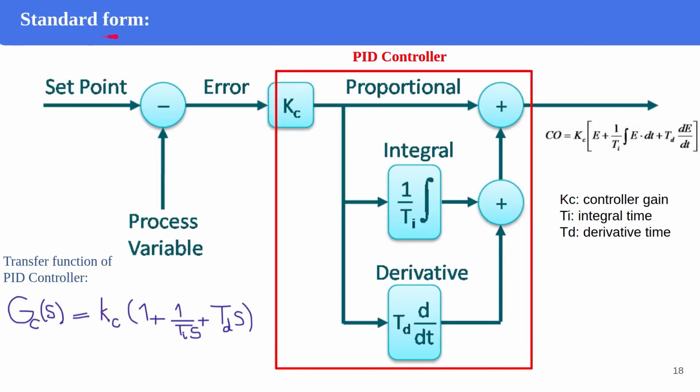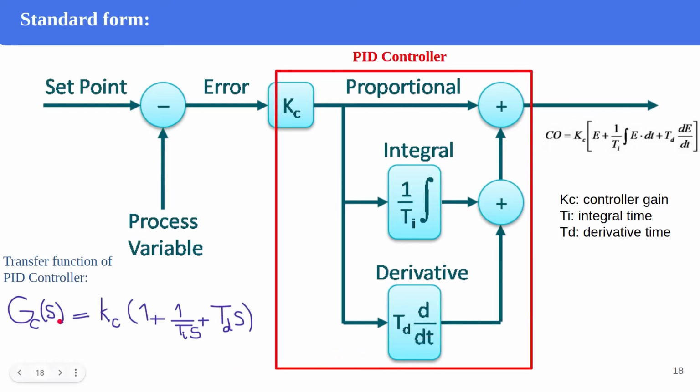We have the standard form. As you see, this is the PID controller, and you see this control gain Kc impacts the other terms, the proportional, integral, and derivative. We need to calculate the transfer function here for the PID controller. Before that, we know that Kc is the control gain, Ti is the integral time that we have already had, and Td is the derivative time.